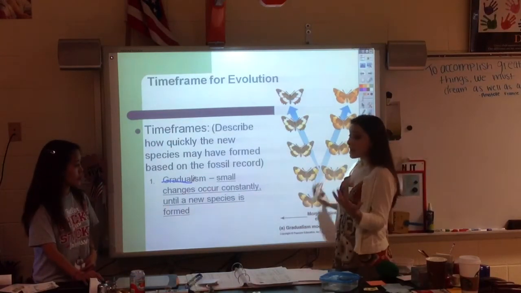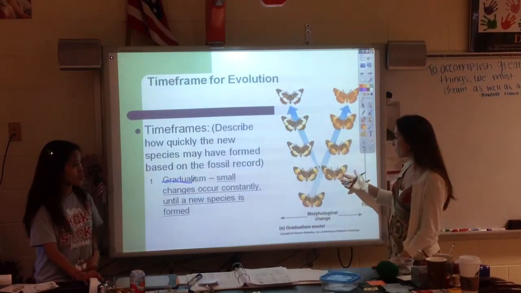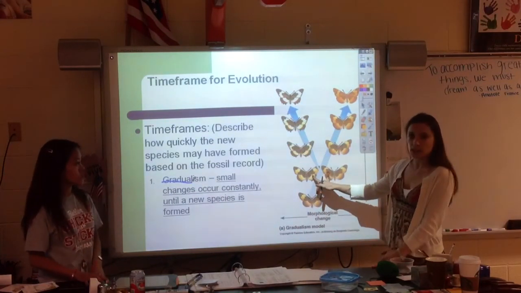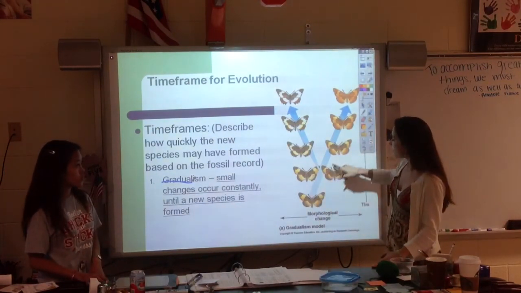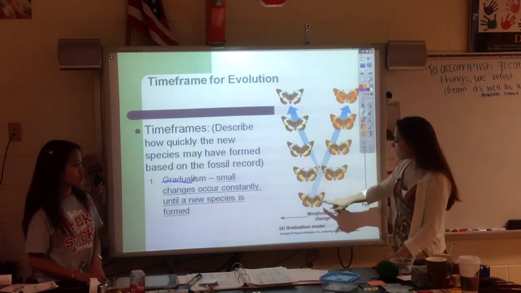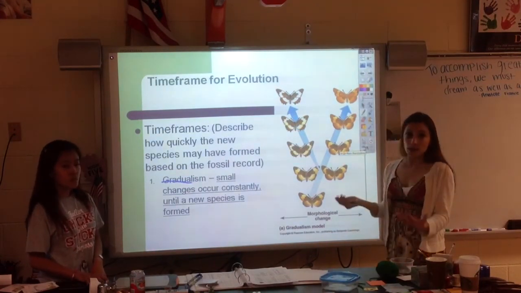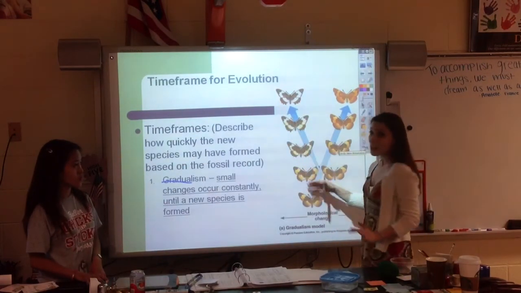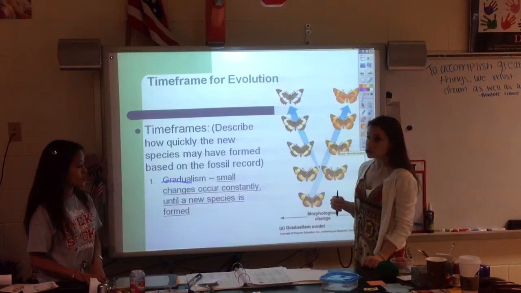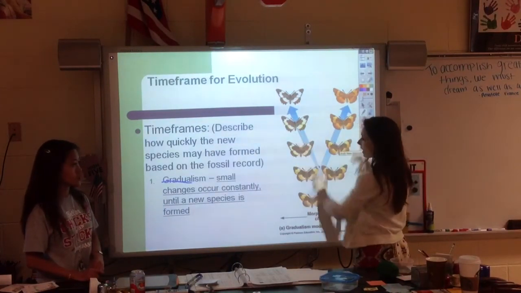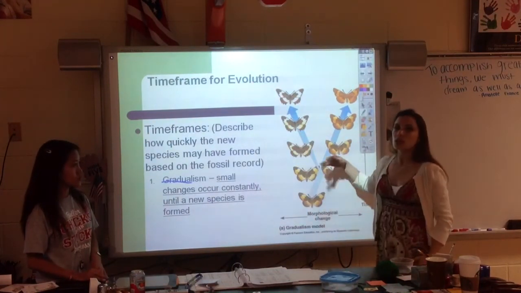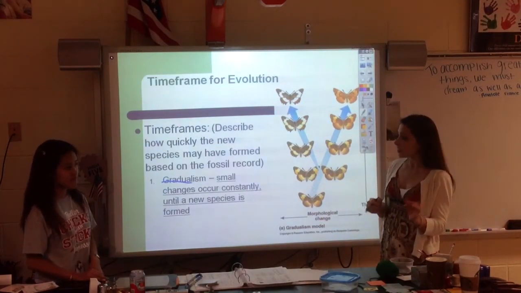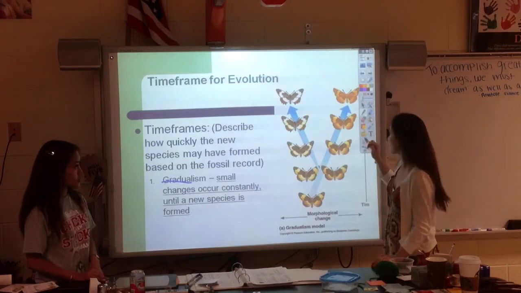So we don't see any dramatic changes, and this picture is really helpful because it shows you that when this butterfly reproduced, there were some slight mutations. And as this butterfly continued reproducing, it accumulated its own set of mutations. When this butterfly continued reproducing, we acquired a different set of mutations. And so if we're seeing slow accumulation of changes, a little bit here and a little bit there, that's called gradualism.